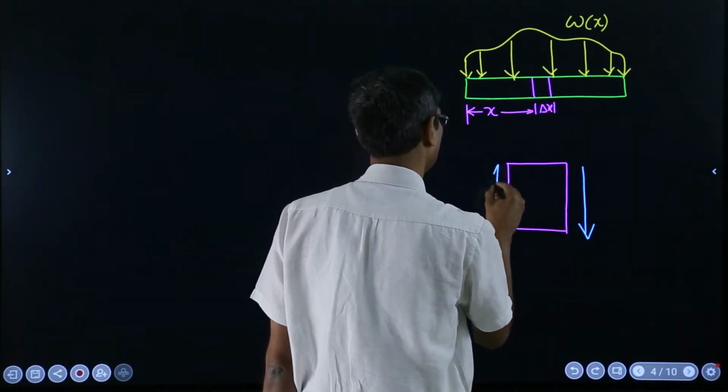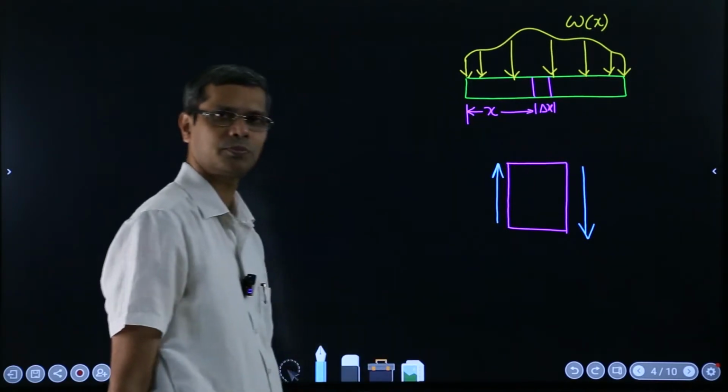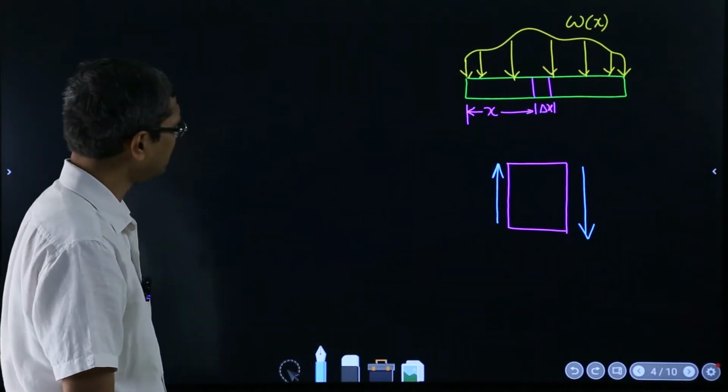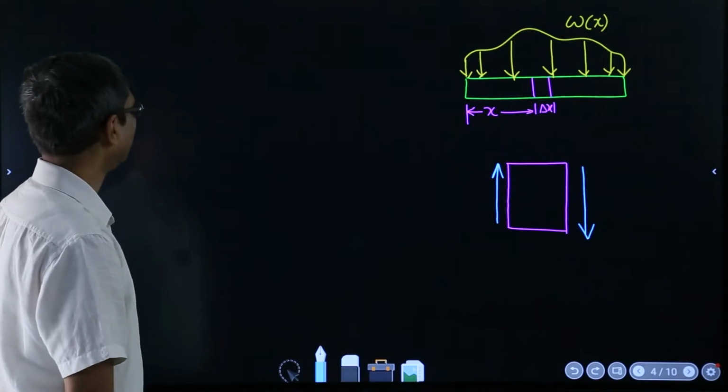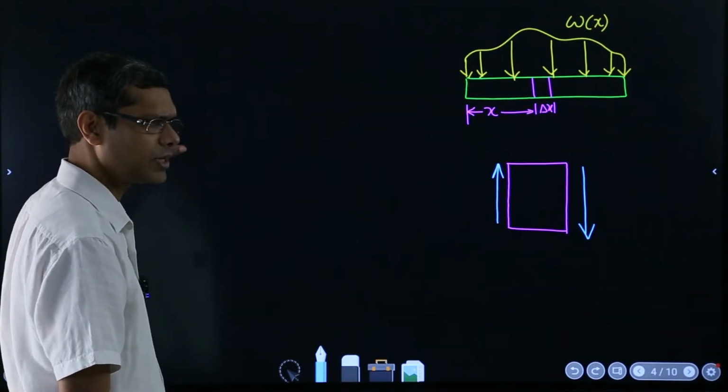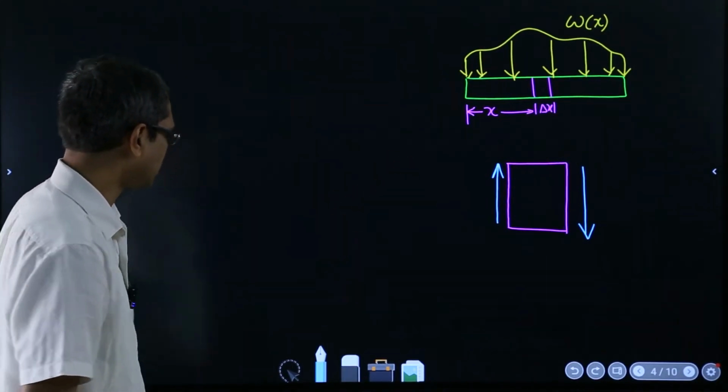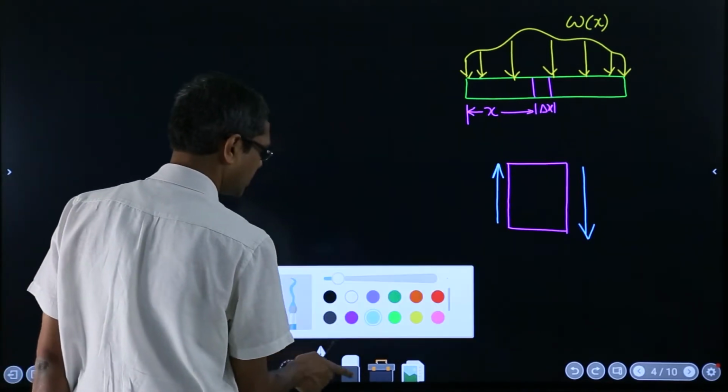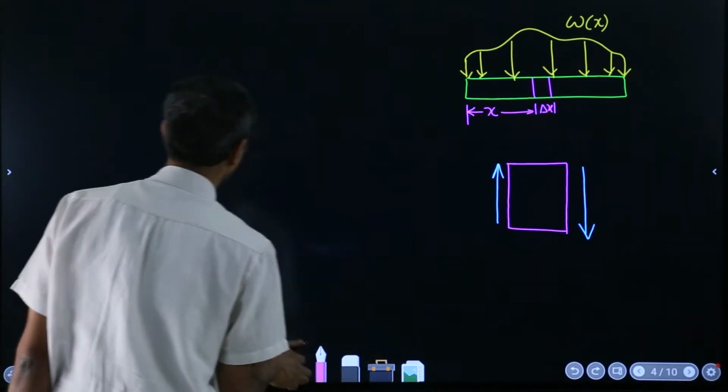The shear force positive senses are this. Let me take a moment to draw the convention on such a segment, of positive shear force and bending moments.